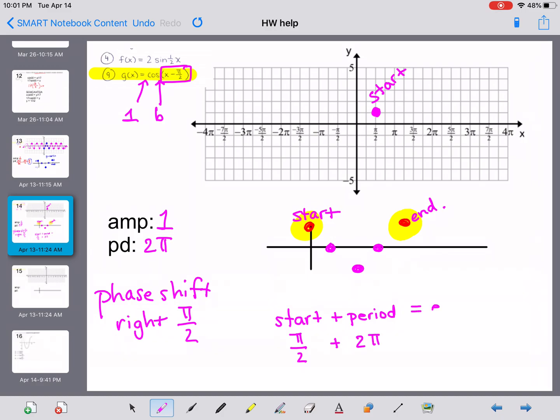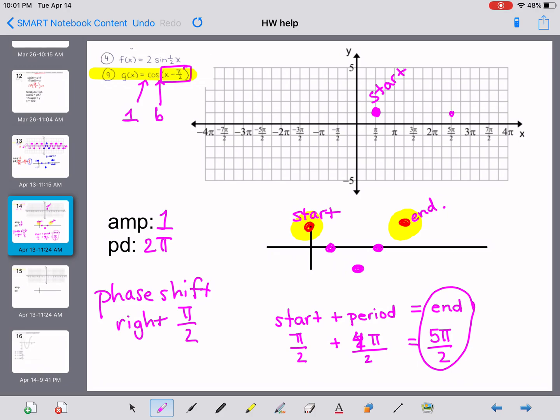That will then get you your ending point. So when you add these two things together, you need to get a common denominator. So I'm going to change this to 4 pi over 2, and that gets me 5 pi over 2. So 5 pi over 2 is going to be my ending point.